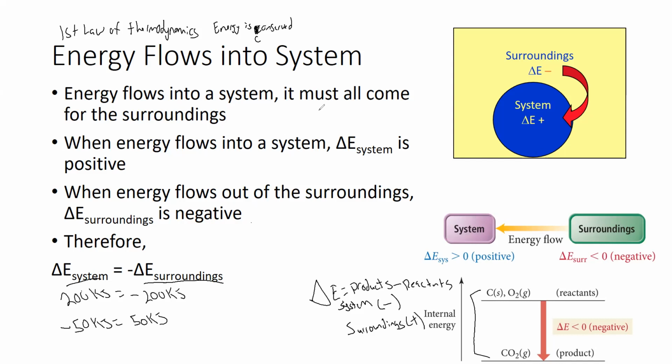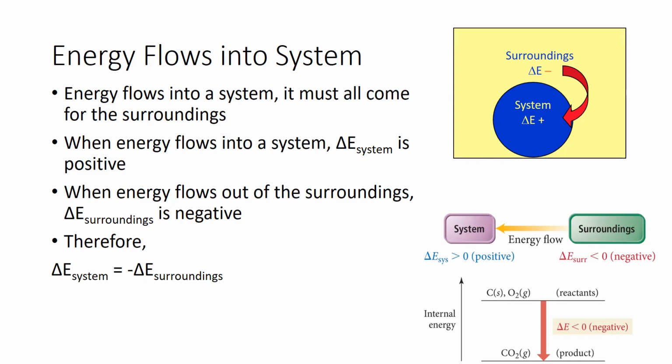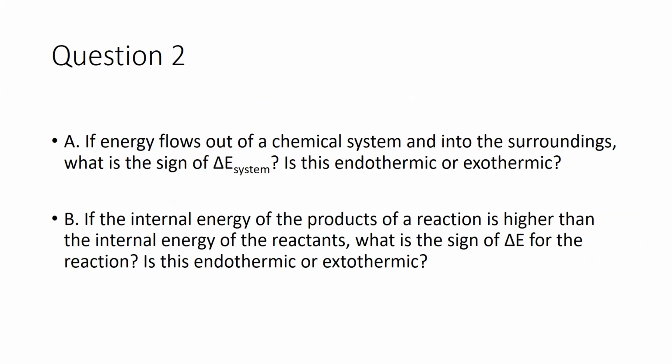All right. So here's a question, and I have a poll for this because you have one of two options. So A, if energy flows out of the system and into the surroundings, what's the sign of delta E system? Is that endothermic or exothermic? And then B, if the internal energy of the products of a reaction is higher than the internal energy of the reactants, what's the sign of delta E?